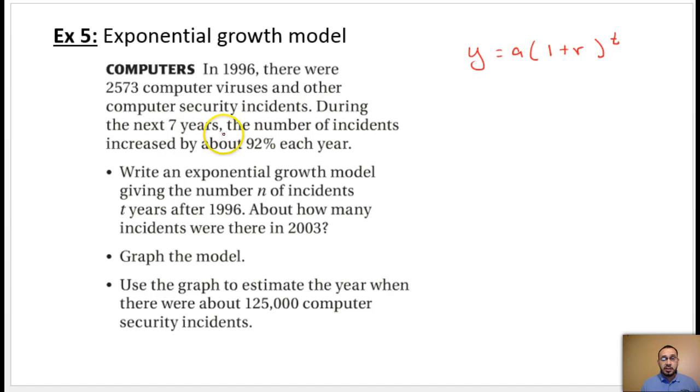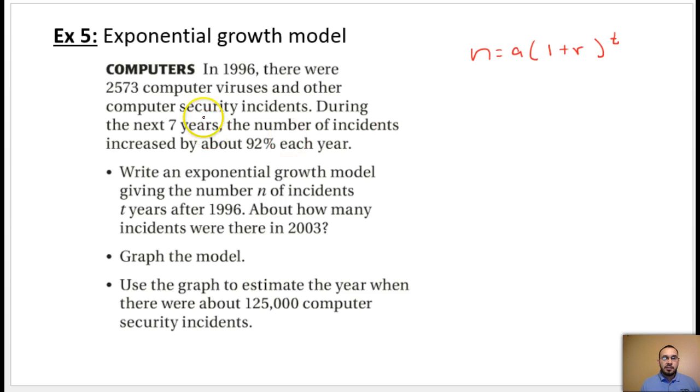During the next 7 years, the number of incidents increased by about 92% each year. So we want to write an exponential growth model given the number n of incidents in t years after 1996. So instead of having y, we're going to be writing an n. So let me go ahead and erase this y, and we're going to refer to it as n for the number of incidents.